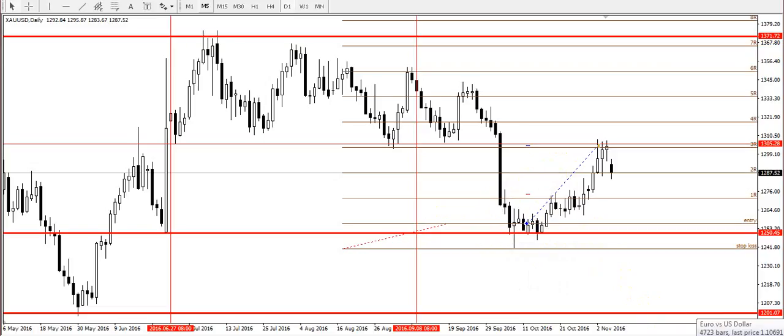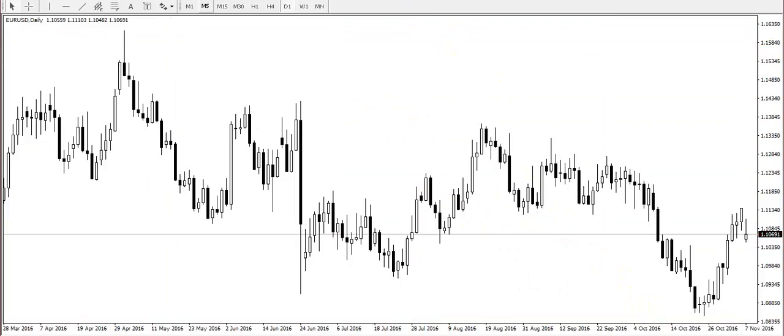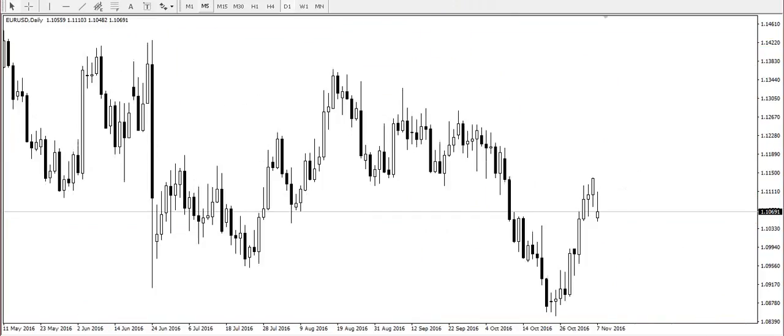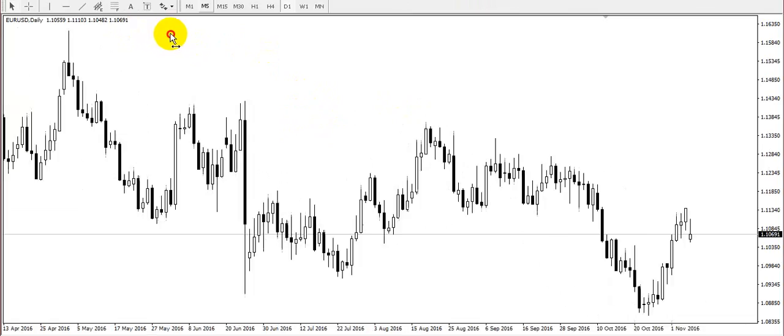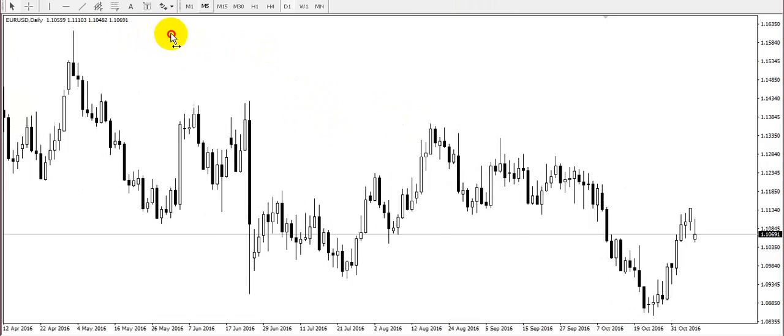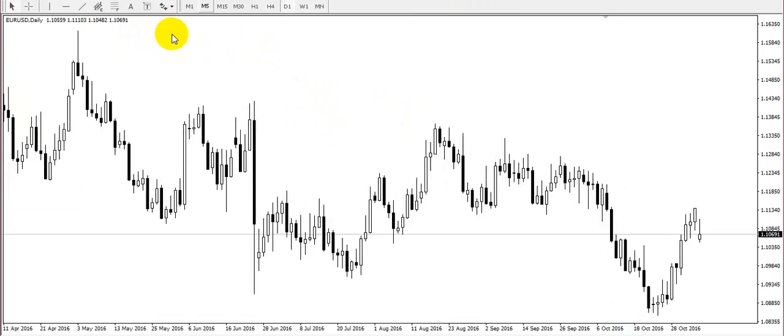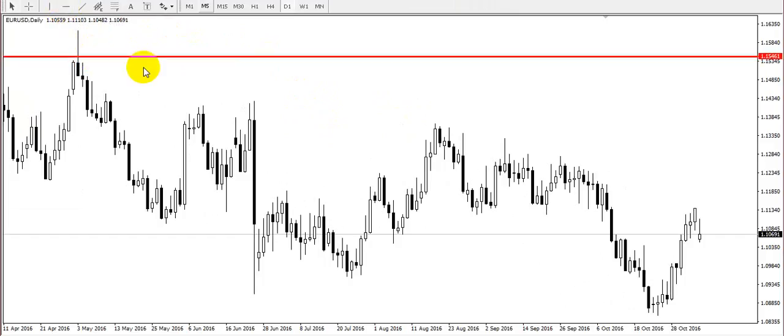So I'll show you also. Let's use the Euro USD chart to draw support and resistance. So as you can see, let's pick out from what we're seeing here. Where is the highest zone here? Okay, let's take it back a little. We know this is the highest zone, so I can place it here.